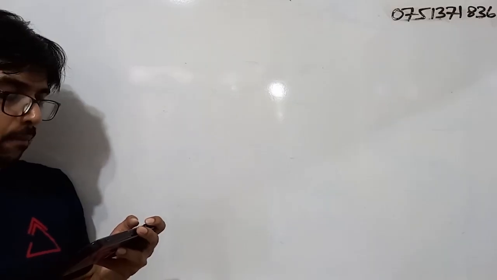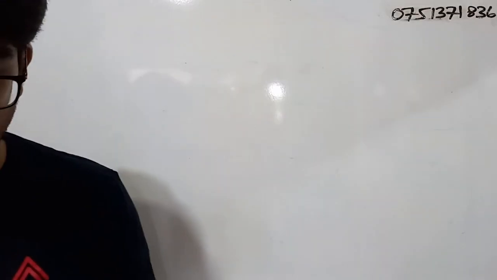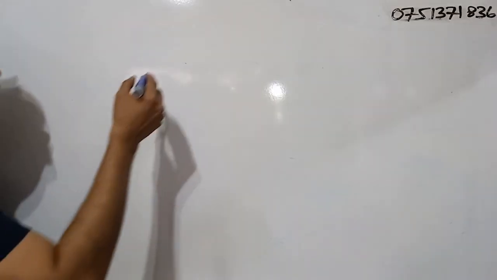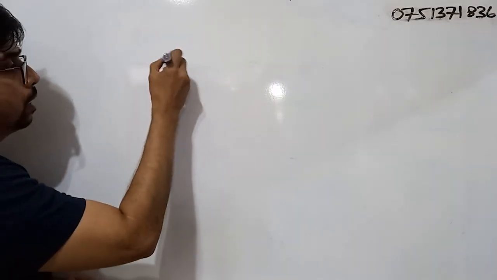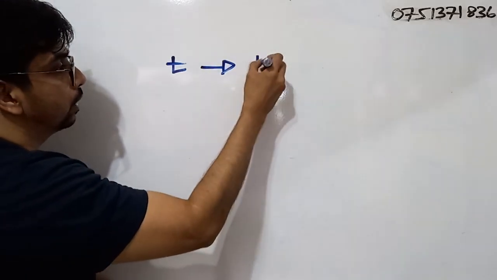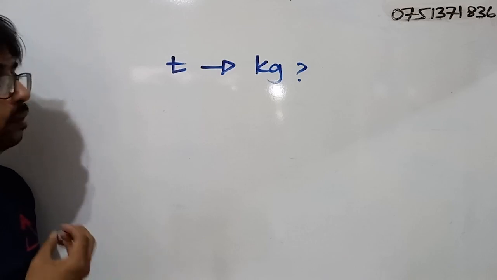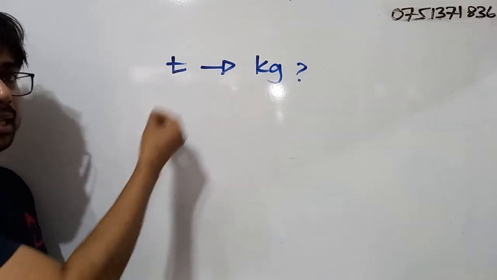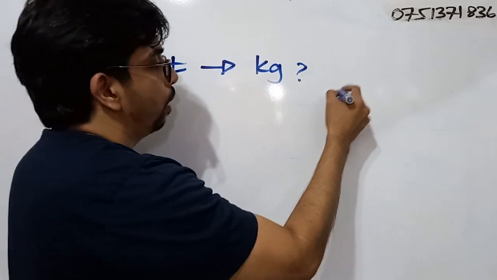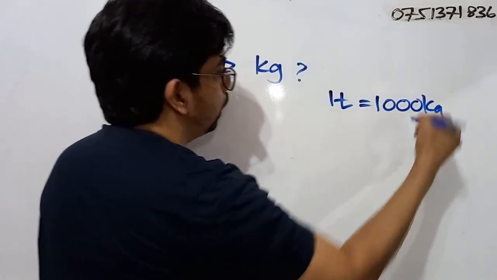So take a look at the subheading, expressing a mass given in metric tons in kilograms. What do we have to do? When a mass has been given to us in metric tons, we need to convert that into kilograms. What is the only connection between metric tons and kilograms that we know? 1 ton is equal to 1000 kilograms, right?